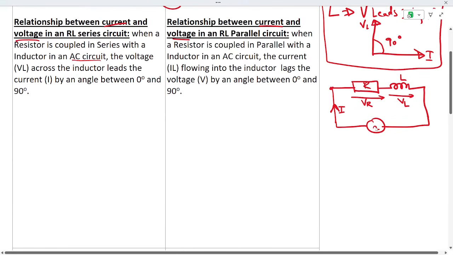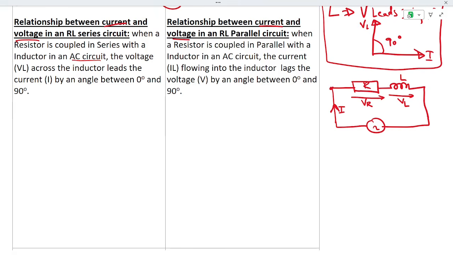So you can come here when they give you any RL series circuit and they ask you to draw the phasor diagram. Your point of reference is the element that did not change, which is the current in a series circuit. So your current is there. How is your resistor voltage? The resistor voltage is going to be in phase with the current. So that is your VR.